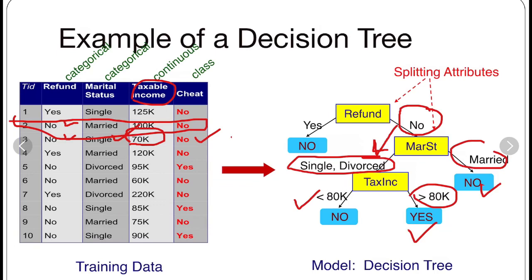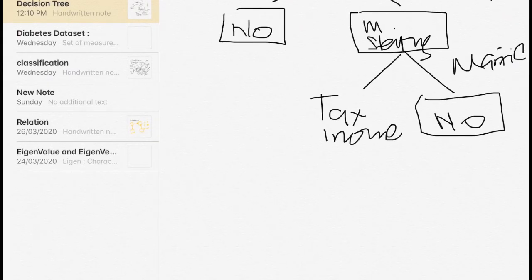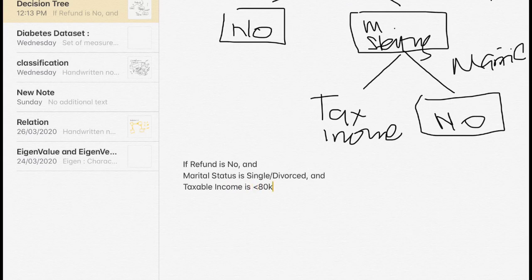Let me create the rule here for you. If refund is no and marital status is single or divorced, and taxable income is less than 80k, then cheat class is no. Please refer to your slide as well.